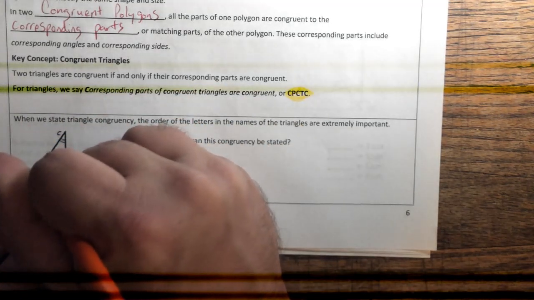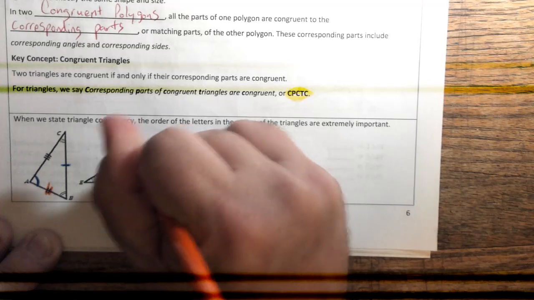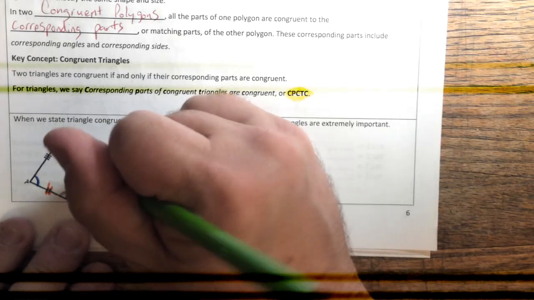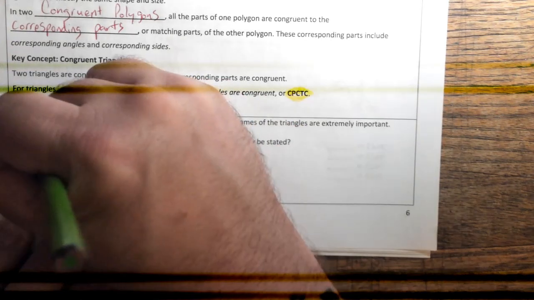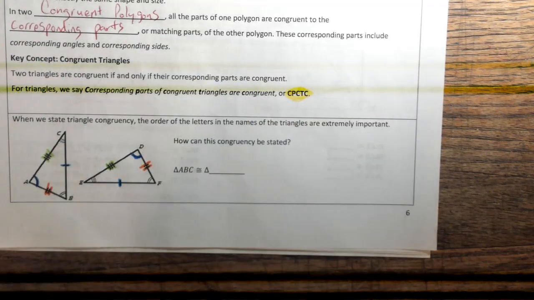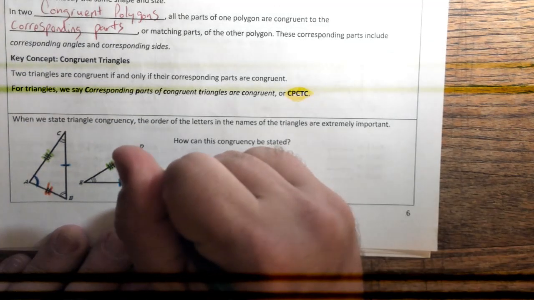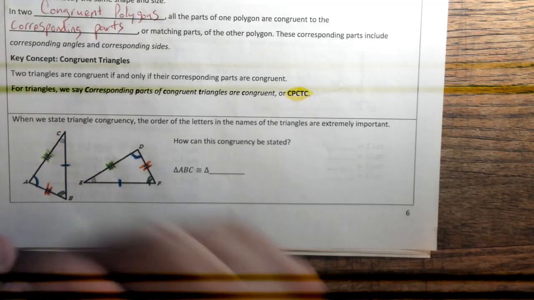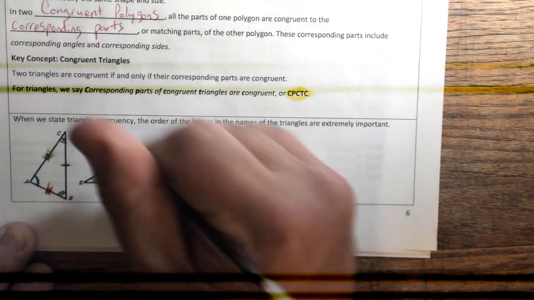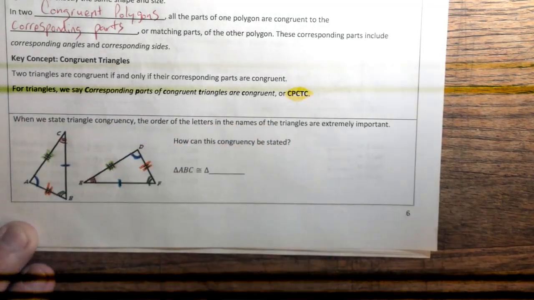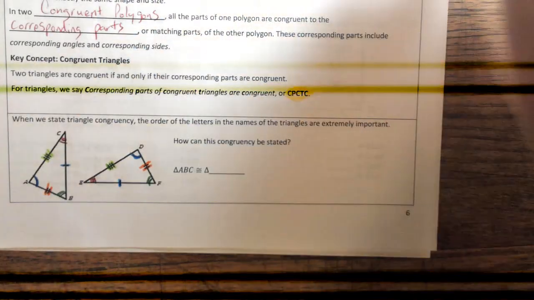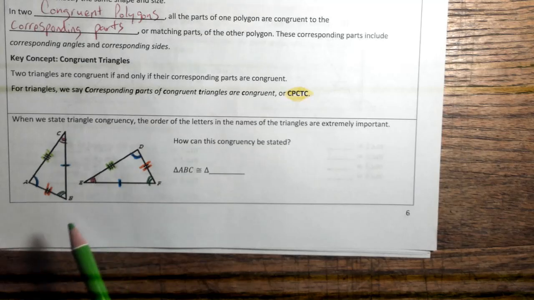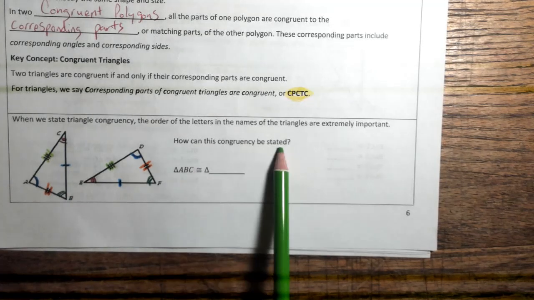So those two, they're orange. 3 is going to be green. Also going to have a green 2. I'll do the other one in red because I have just another green. So this will be 3 reds. Okay. So these colors, hopefully, just put a little more light. So, how can this congruency be stated?